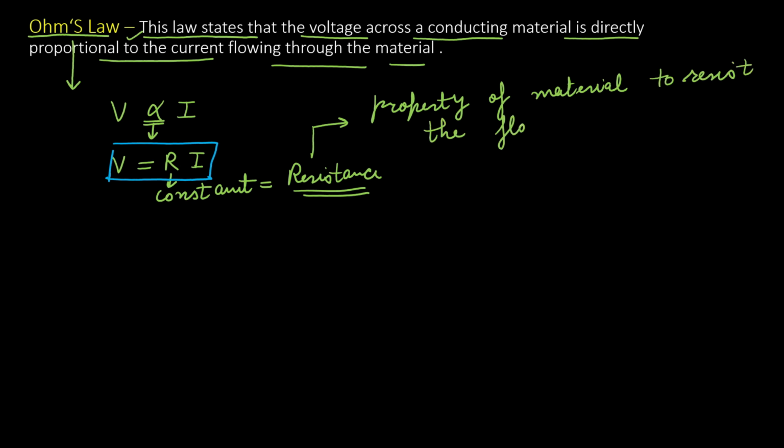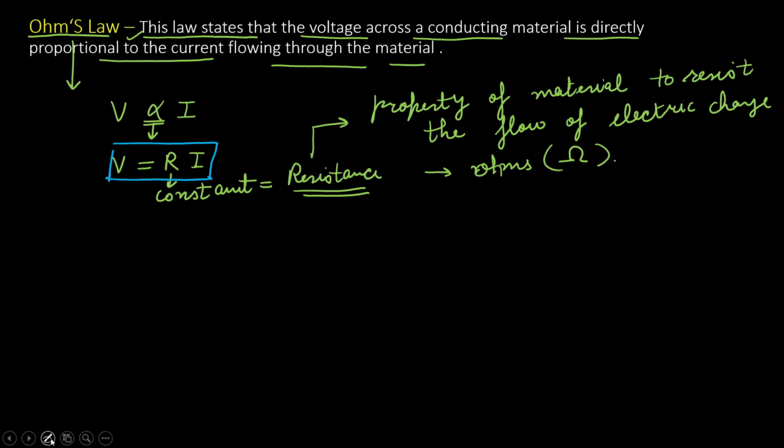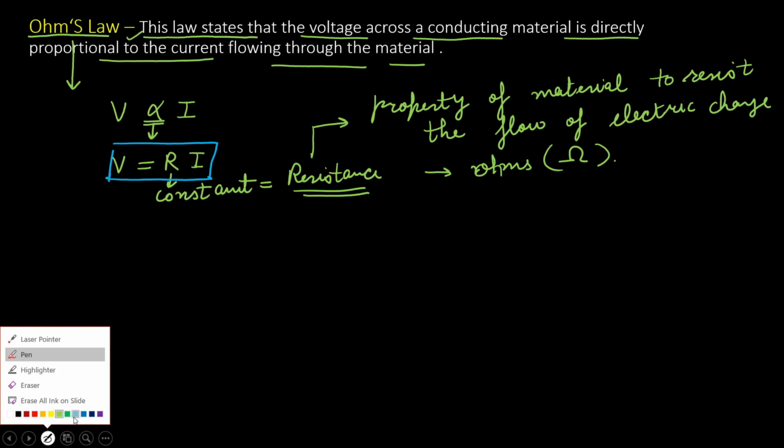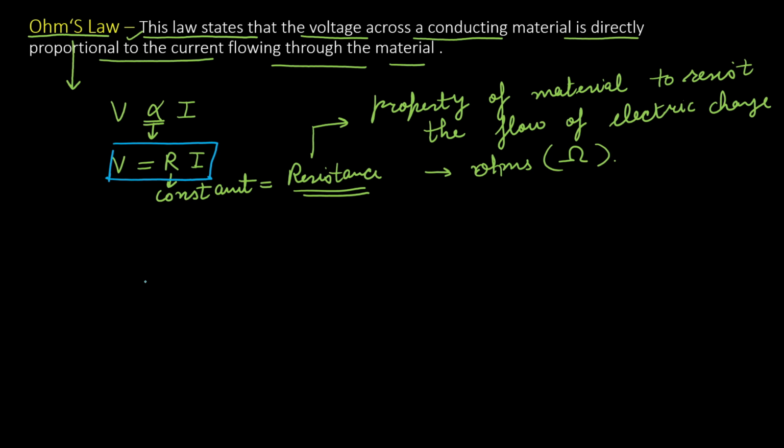This resistance is measured in ohms, expressed by this symbol. Mathematically, resistance is given as R equals rho L upon A. So this is an important expression.